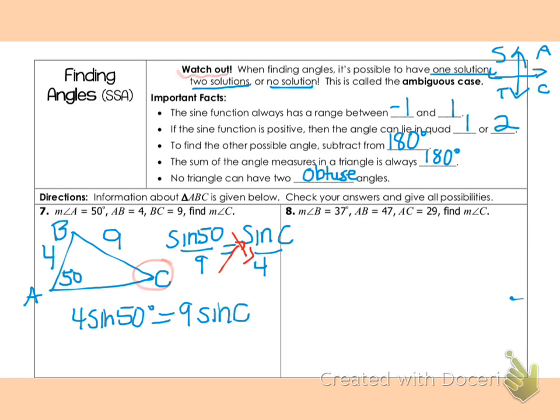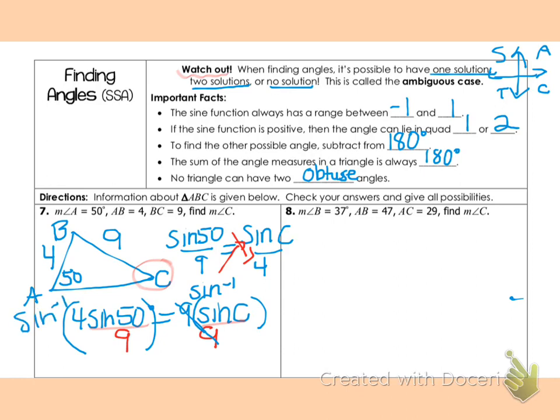So now if I go ahead and divide by 9 on both sides to get the sine of C by itself, then the final thing I would have to do in order to find my angle is get rid of the sine, which means I'm going to have to do the inverse sine. As long as you use parentheses around this whole thing, you can do this all in one step in your calculator, making it more accurate.